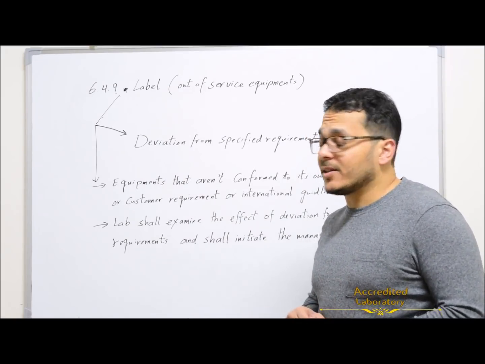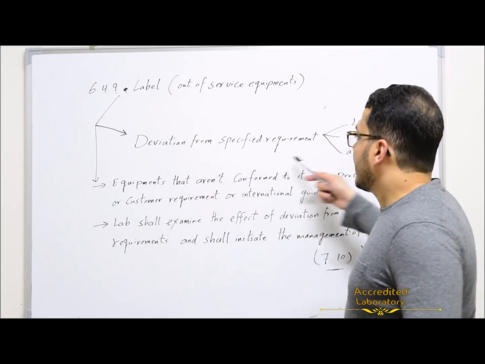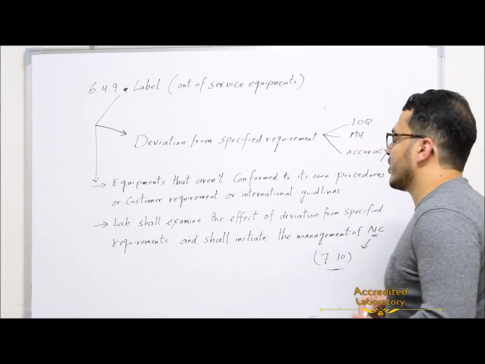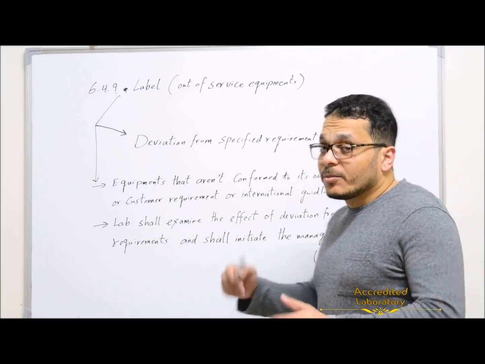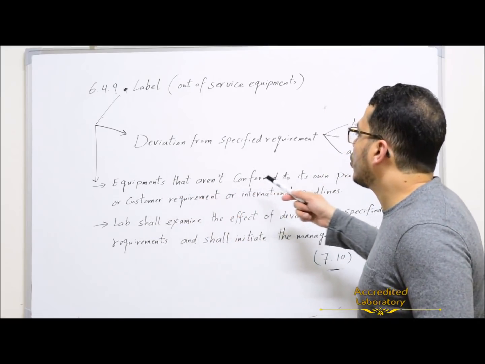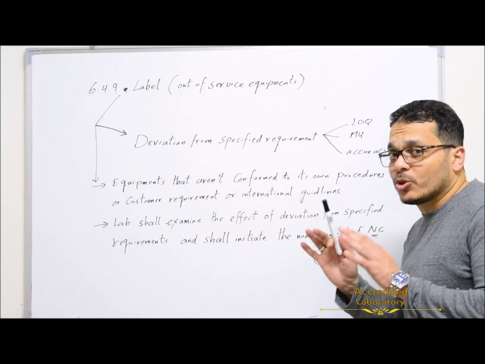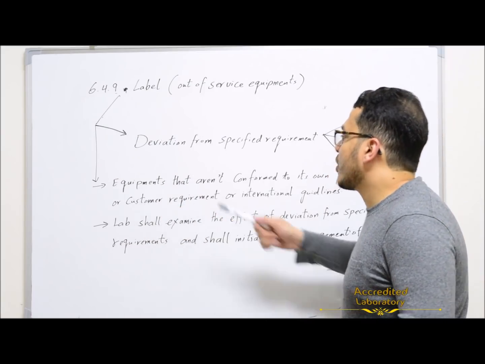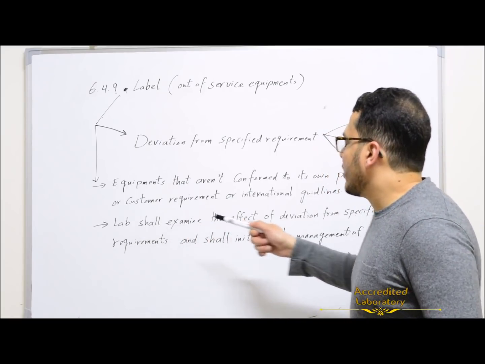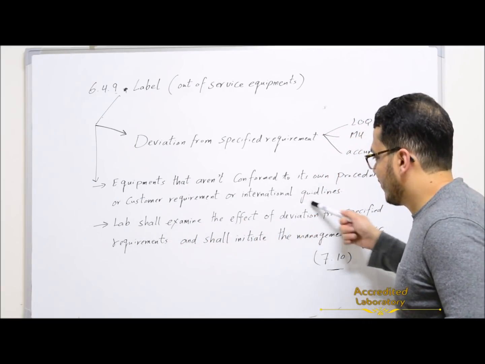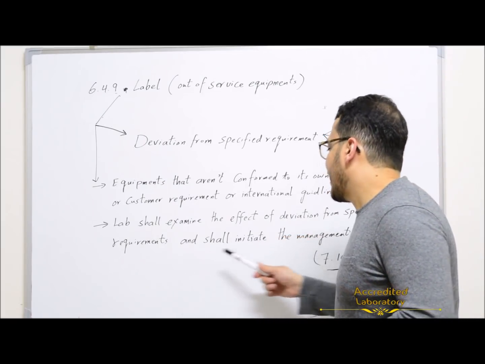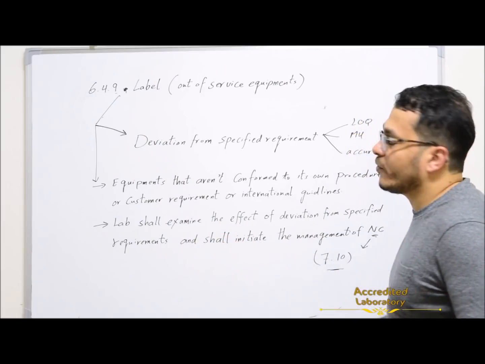It should be isolated, nobody can use it, and deviation from specified requirements will be studied well, such as LOQ, measurement uncertainty, accuracy, before verification of this equipment. So for equipment that is not conforming to its own procedures or customer requirements or international guidelines, the lab shall examine the effect of the deviation on the results from specified requirements, and shall initiate the management of non-conformity.